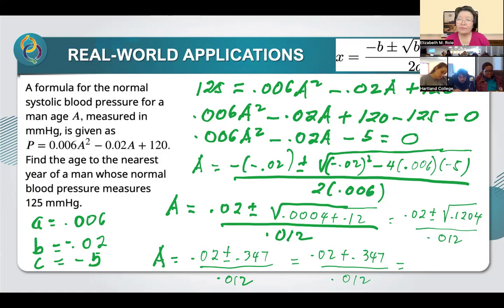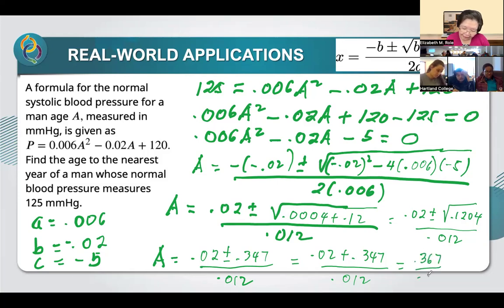So round it off. What's the question there? I got a different number. Adding 0.347 plus 0.02 gives you 0.367, right?